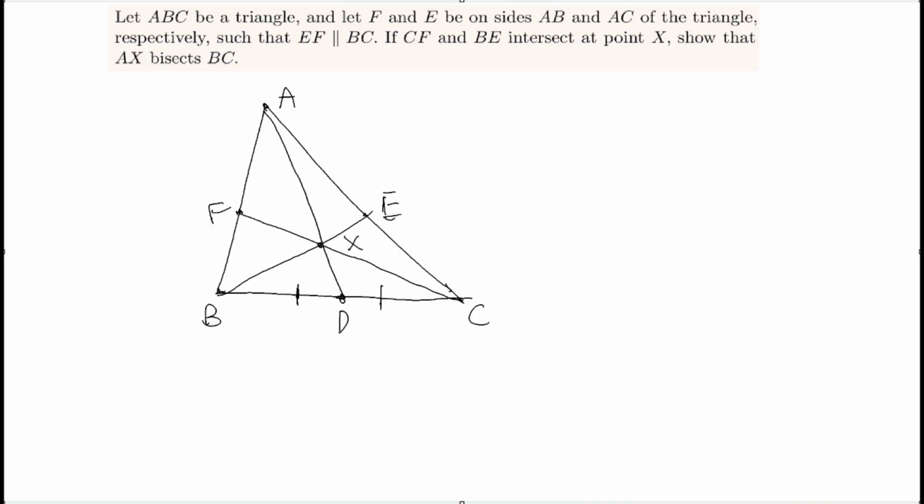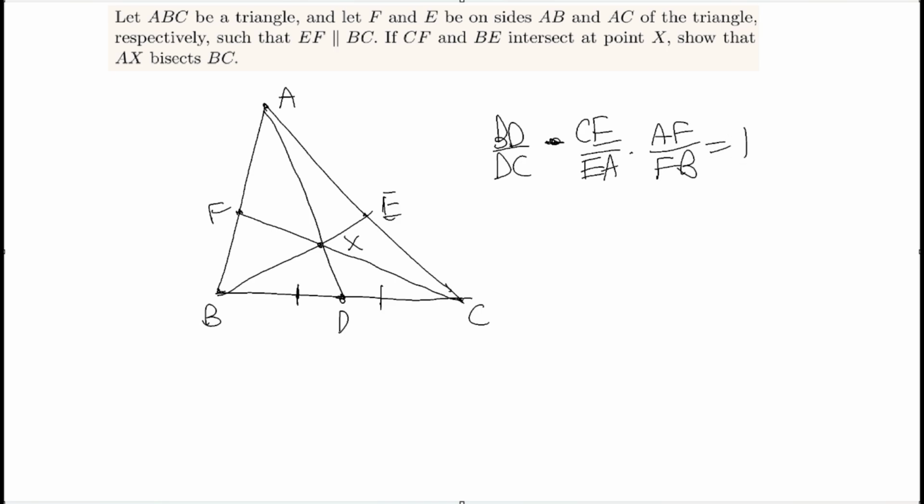Well, what happens if these two lengths are equal? Well, if they were equal, then we can try using Ceva's theorem with this point X here on the opposite sides. So then BD over DC times CE over EA times AF over FB is equal to 1.